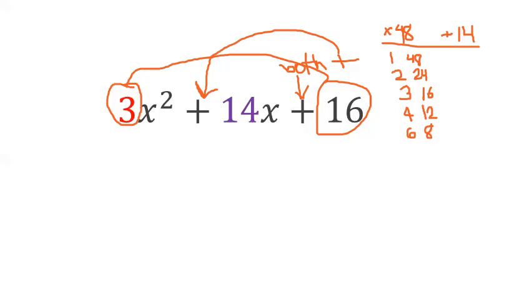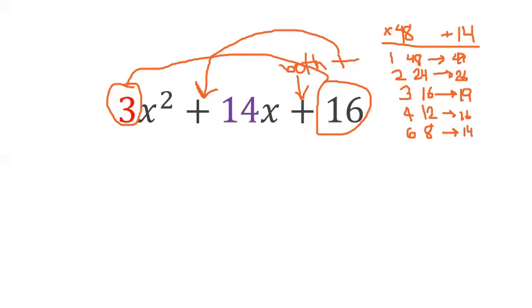So remember, both the same sign, both positive, so we don't need to worry about our signs. We just need to look at our sums. So 1 and 48 add to 49, 2 and 24 add to 26, 3 and 16 add to 19, 4 and 12 add to 16, and 6 and 8 add to 14.